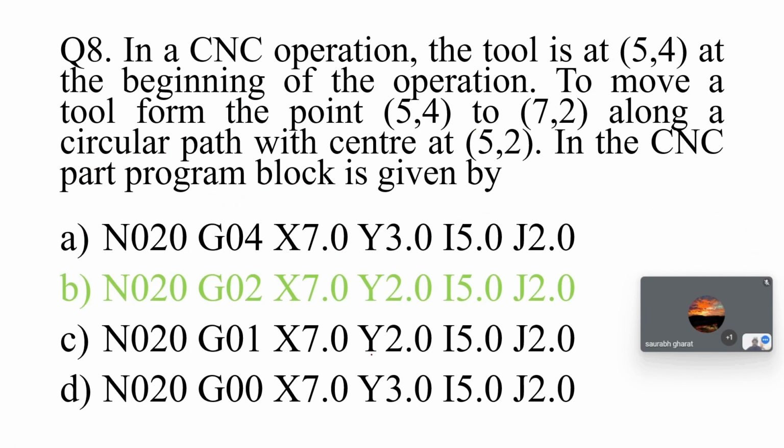In a CNC operation, the tool is at 5, 4 at the beginning, and the operation will move the tool from 5, 4 to 7, 2 along a circular path. The center is 5, 2. The CNC part program block is given now. Here I show how you can solve such a problem.